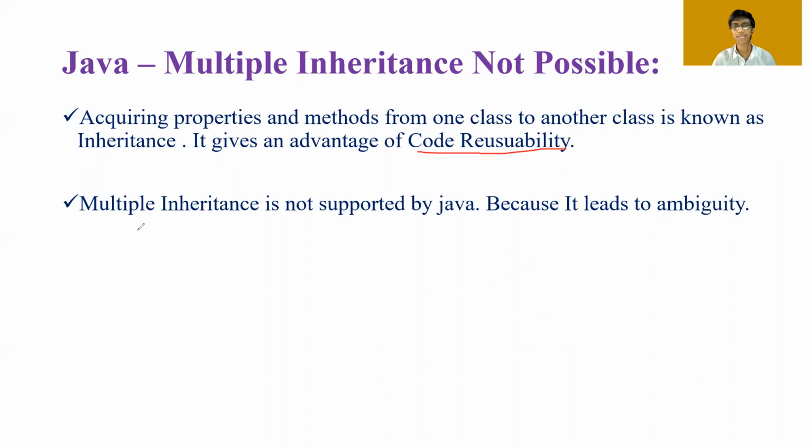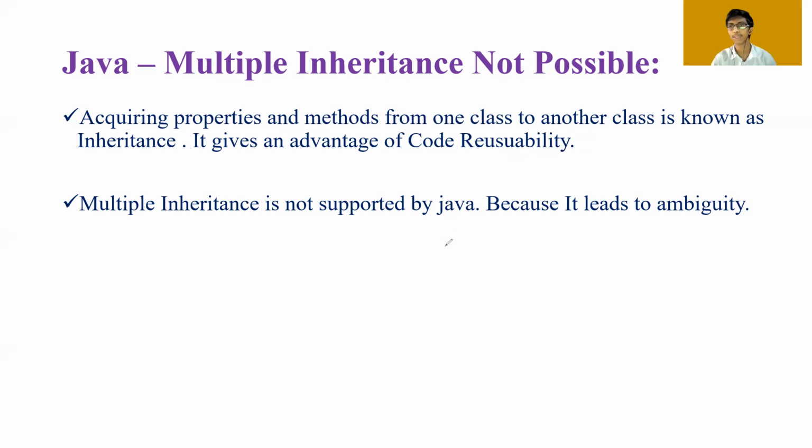Now see here, multiple inheritance is not supported by Java. And why? Because it leads to ambiguity, which means it creates confusion. Now let me tell you a scenario where it could lead to confusion. First, let me tell you what multiple inheritance is.